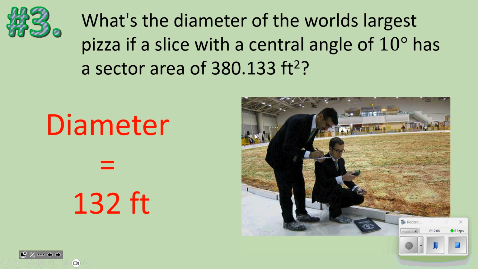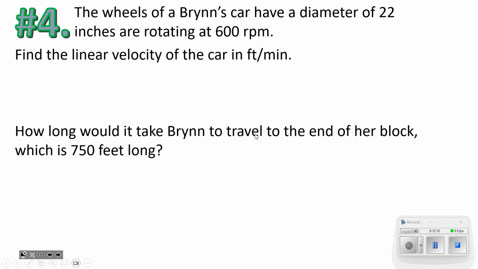One more application kind of problem here. Again, one more time, pause it, try it out, restart it when you're ready. Okay, the wheels of Bryn's car have a diameter of 22 inches, so that's going to give me a radius of 11 inches. And they're rotating at 600 revolutions per minute.